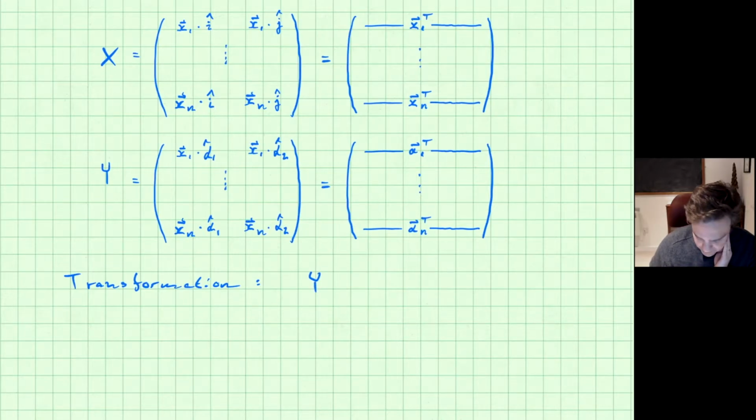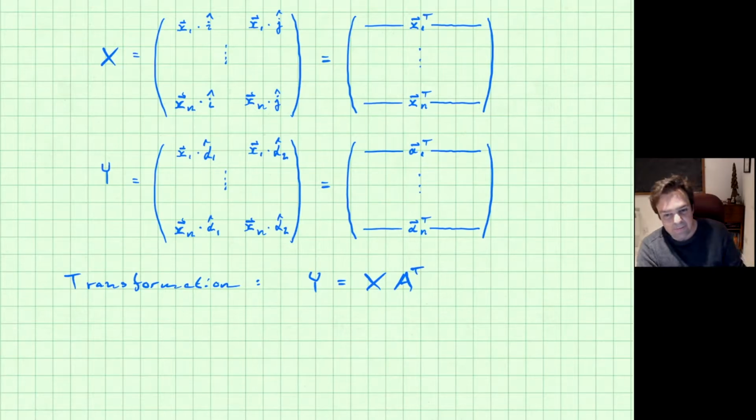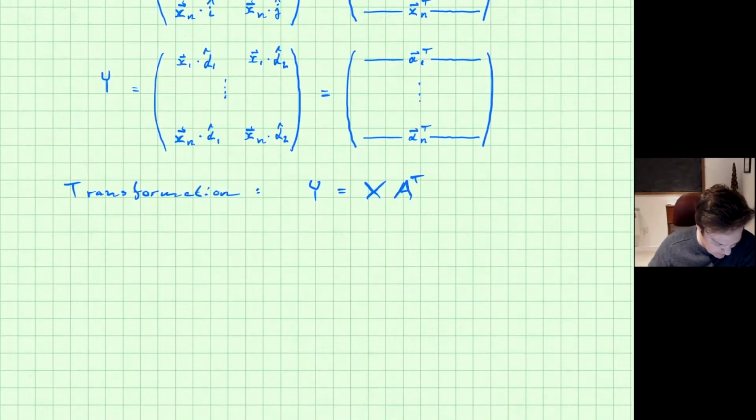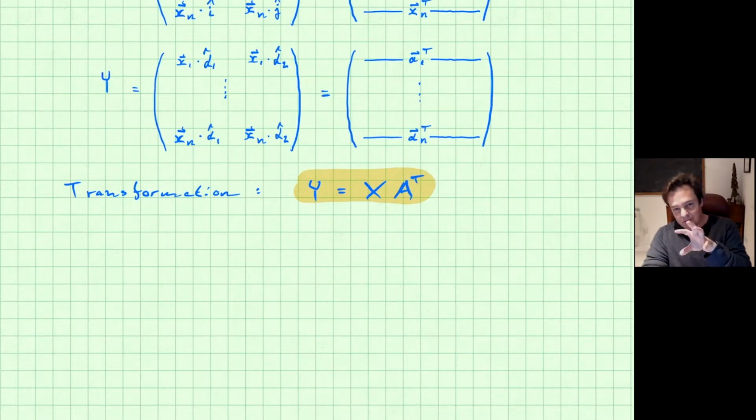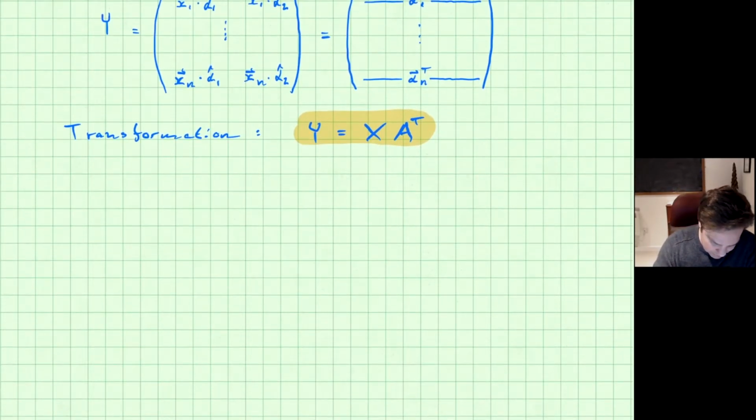So the matrix Y is equal to the matrix X times some other matrix. And just due to some convention, we call this matrix A transpose. It's sometimes useful to save the name A for a different matrix. Maybe we'll see why in a second. But this is an important general layout that we want to have. So this tells us, how do you get from the matrix X to the matrix Y? Well, you multiply it by this matrix A. Well, what should that matrix actually be? So here's how the transformation looks.